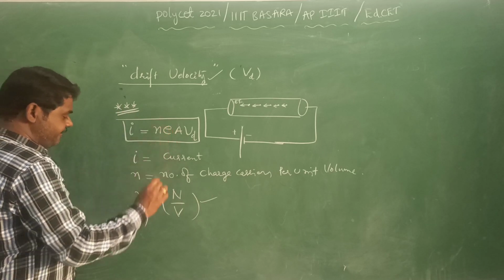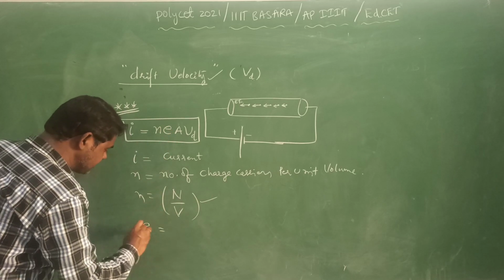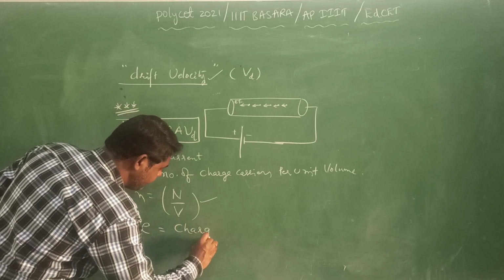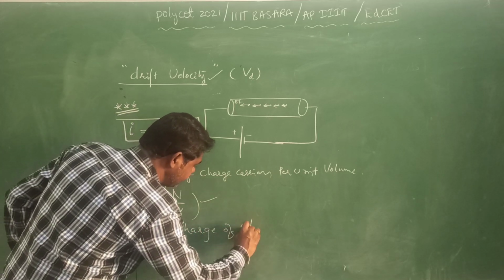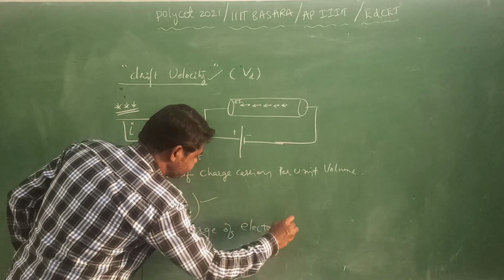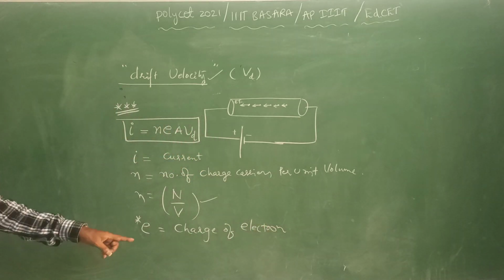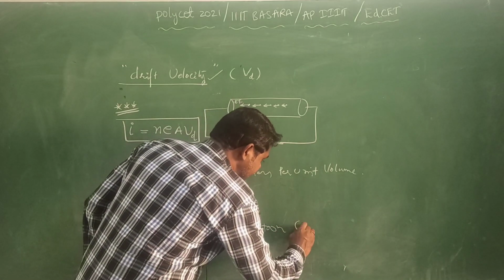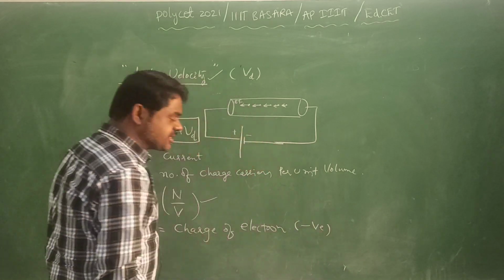Then what is E? This is also important. What is E? E is the charge of electron. This is very important. What is the charge of electron? The charge of electron is a negative charge, and what is its value?